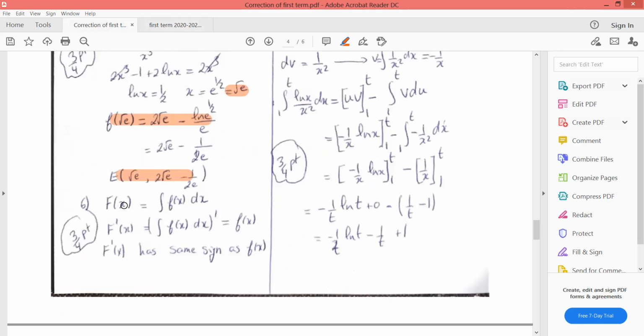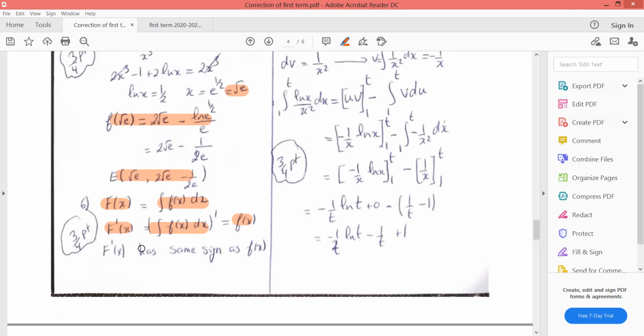So F of x equals the antiderivative of f of x dx. So F prime x is equal to the derivative of the integral of f of x dx. The derivative and the integral cancel each other.